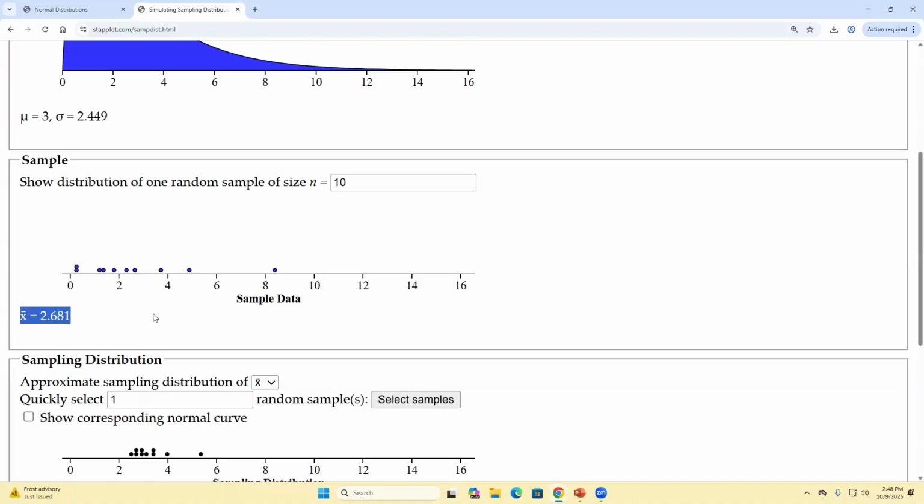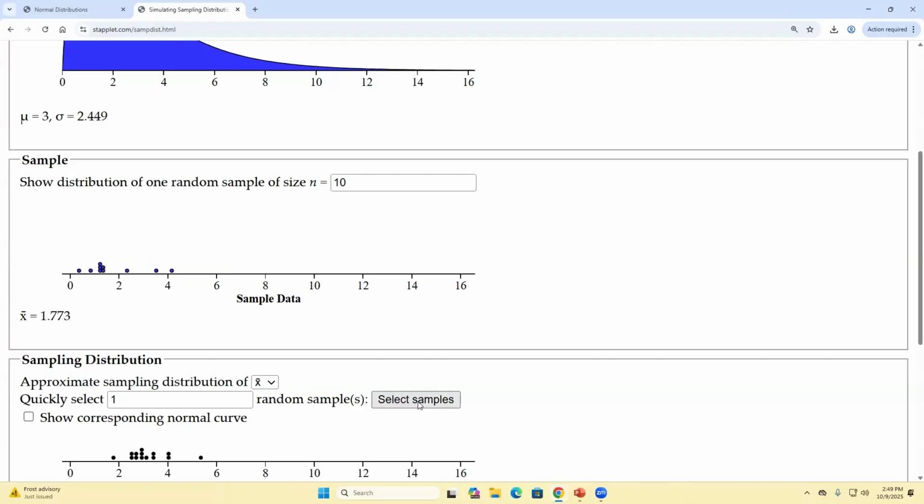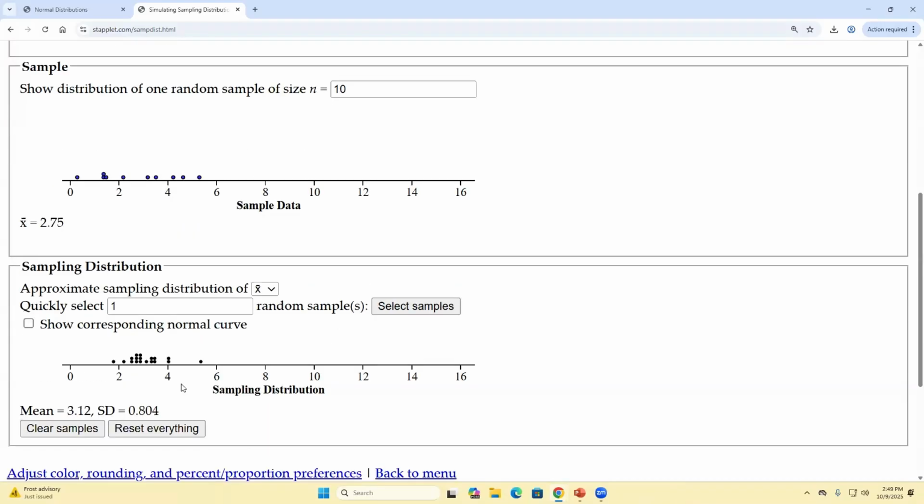Sample mean in this case for this new sample is 2.68. So it will sometimes overestimate, sometimes underestimate, way underestimate, overestimate, underestimate. But the point is that it's an unbiased estimator of that population mean.